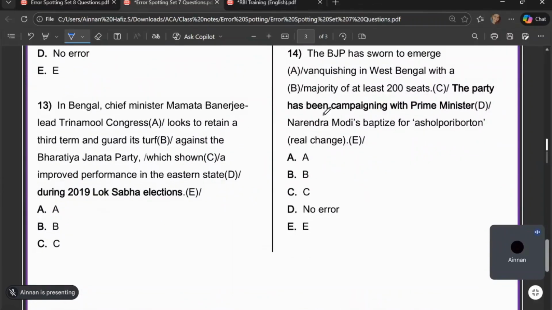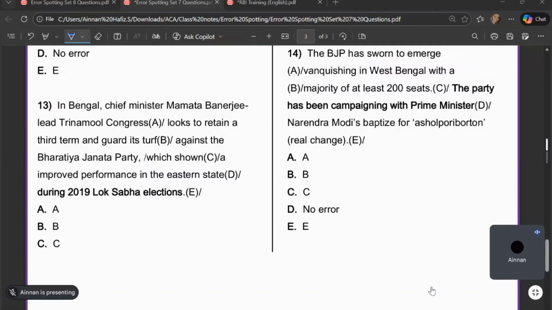In Bengal, Chief Minister Mamata Banerjee. Ma'am, it's C. In Bengal, Chief Minister Mamata Banerjee led Trinamool Congress looks to retain a third term and guard its turf against the BJP, which shown.